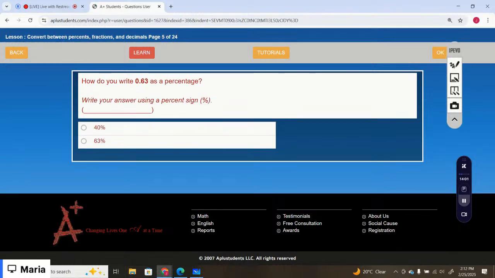How do you write 0.3 as a percentage form? So which is the correct option?